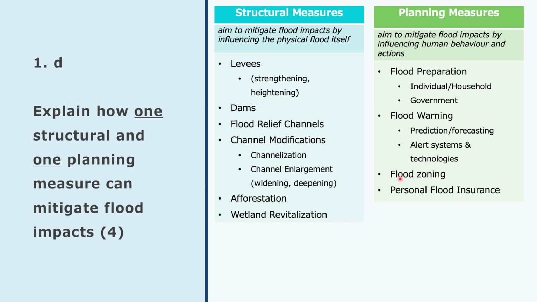Could be flood zoning, so that is making laws and building codes that require certain types of buildings to be away from the floods or not allowing the building of different types of construction near places that are likely to flood. And another one is personal flood insurance.